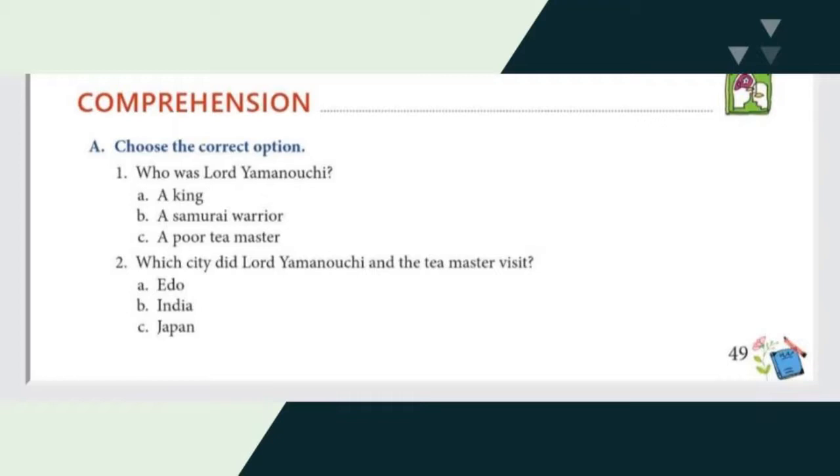Options are option A, Edo, option B, India, option C, Japan. What is the correct answer? Yes, you are right. The correct answer is option A, Edo. So just tick on the option A.